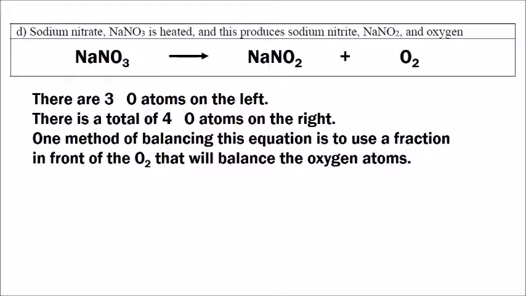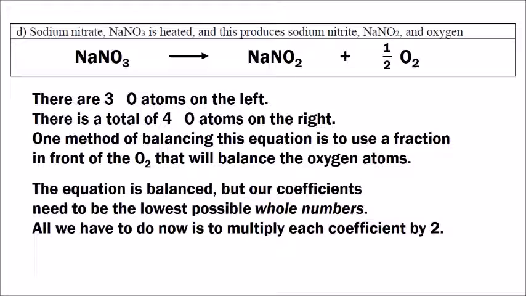There are 3 oxygen atoms on the left, but there is a total of 4 oxygen atoms on the right. So one method of balancing this equation is to use a fraction in front of the O2 that will balance the oxygen atoms. So now with a 1/2 in front of the O2, there is a total of 3 oxygen atoms on both sides. The equation is balanced, but our coefficients need to be the lowest possible whole numbers.